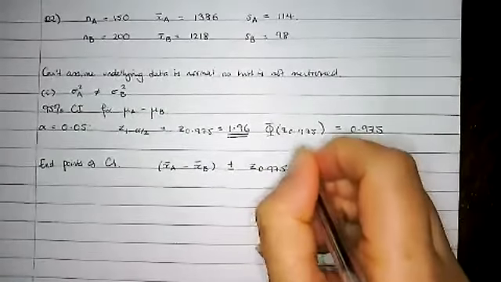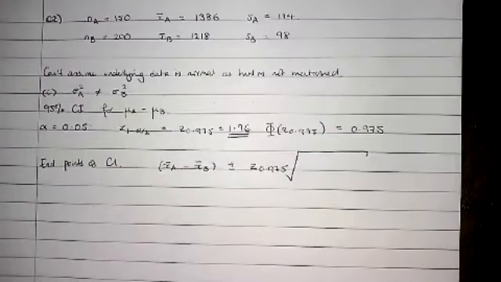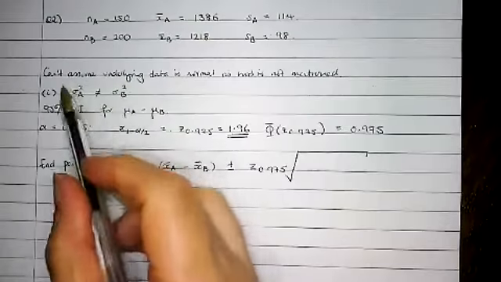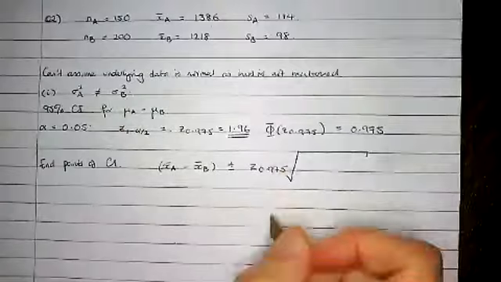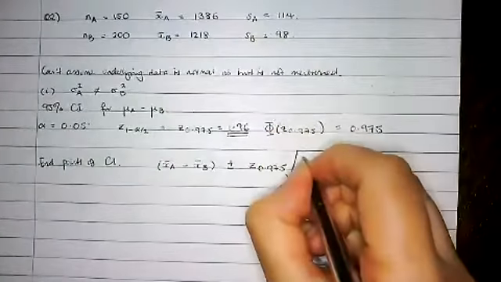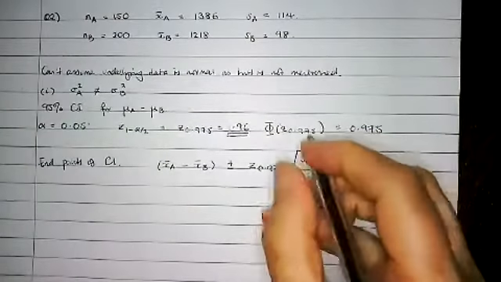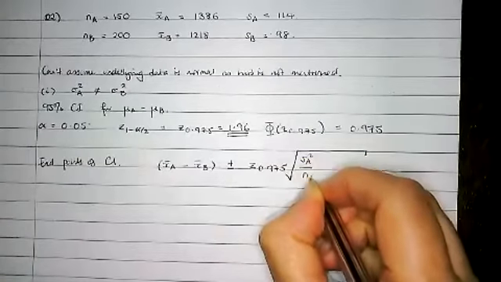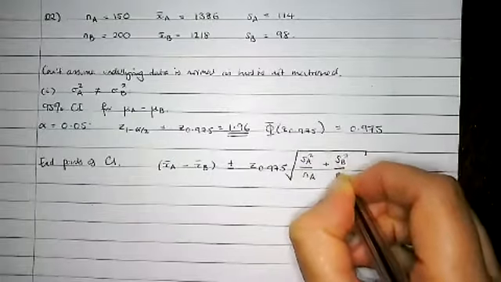And then I've got something that I need to take the square root of. In this case, because I'm not allowed to assume that the information is coming from two distributions with the same variance, I can just use the observed standard deviations. So the standard deviation of A squared divided by the number of elements in A, plus the standard deviation of B squared divided by NB.